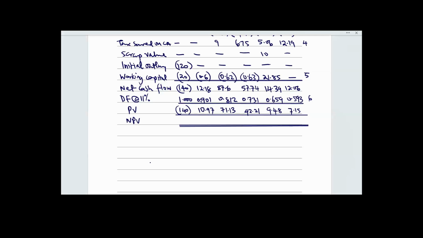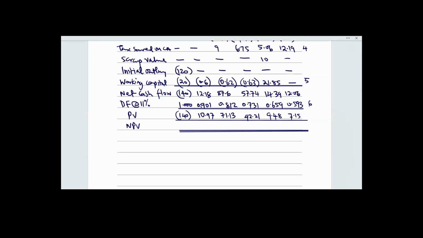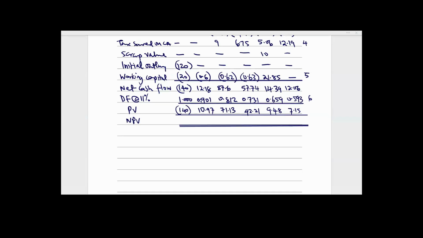So to now get the NPV, we are supposed to add up. We said that NPV represents the difference between the present value of cash inflow and the present value of cash outflow in capital investments. So you are supposed to start from the positive cash flows.